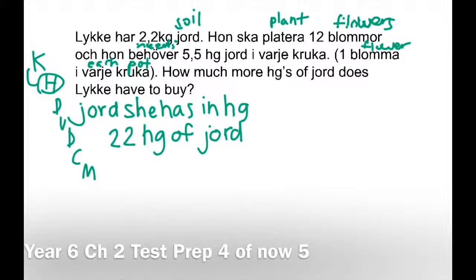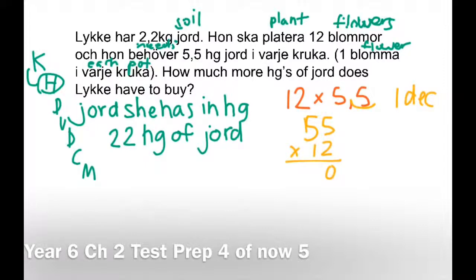The next part I would do is figure out how much she needs. She wants to plant 12 flowers, and each one is going to need 5.5 hectograms of soil. So we would just multiply those. And I'm going to use the place value thing that I did in the first video. So I have 1 decimal place, and I'll do 55 times 12. So 2 times 5 is 10. Timesing by 10 now, right here.